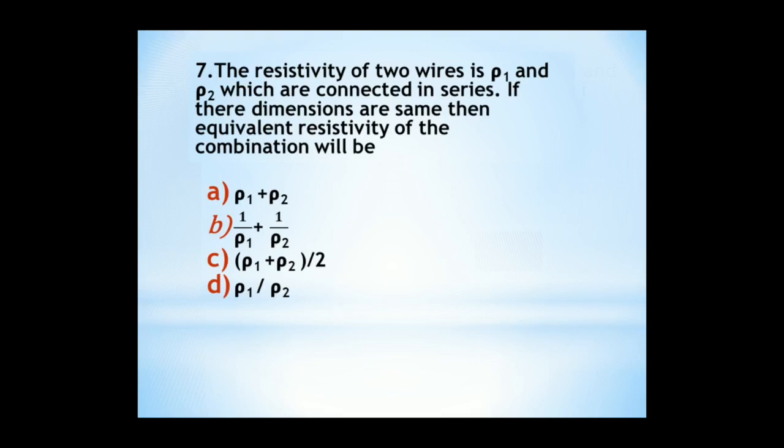In the given question, resistivity of two wires is ρ1 and ρ2, and we have to find out their equivalent resistivity. Two wires are connected in series.